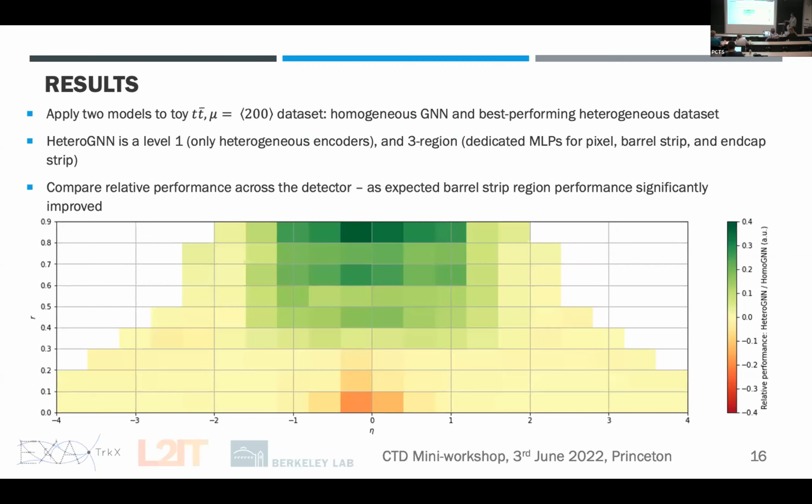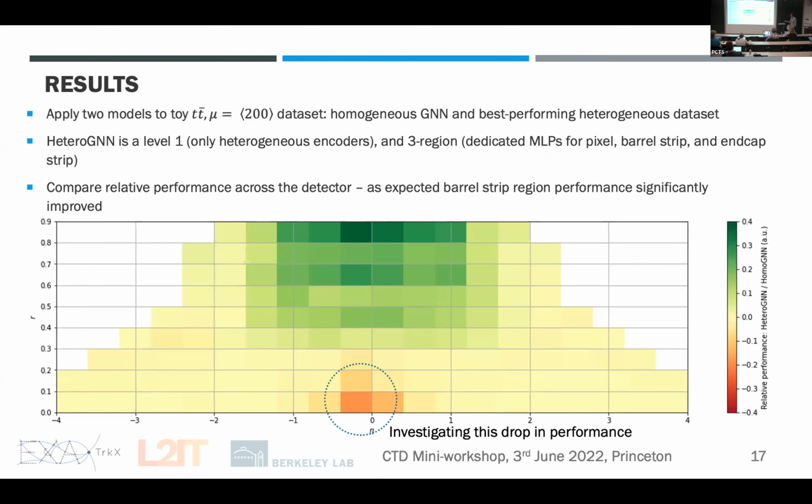So all your pixel nodes are treated the same. Your barrel strip has a dedicated MLP, and your end cap strip has a dedicated MLP. And we can see on some arbitrary scale that the heterogeneous performance much better recovers the efficiency and purity that we lost initially in that barrel region, as we hoped and as we expected.